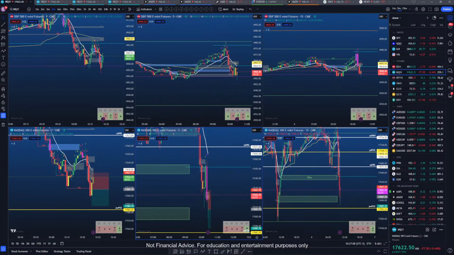Probably coming in here to find some fair value. Don't really want to get wicked out, but might be the case.